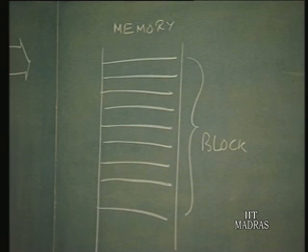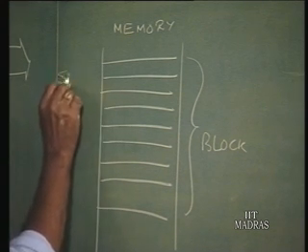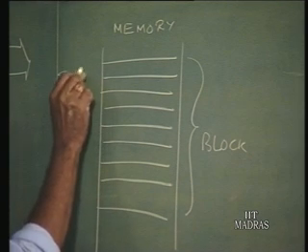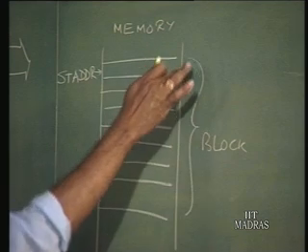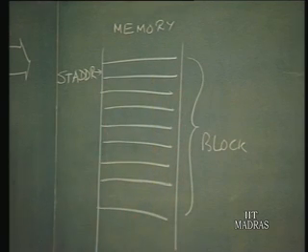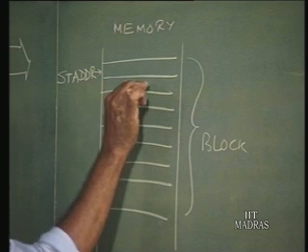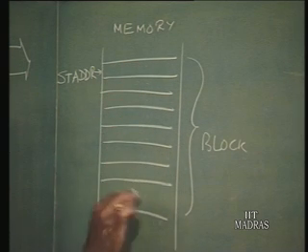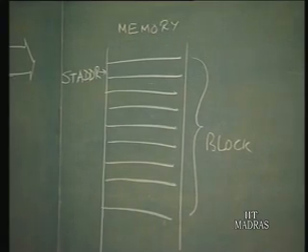So, we can say that starting from this address, let us call this the start address, starting from this particular location for this length of block continuously data is going to be stored, agreed, because the data is going to come as a block.